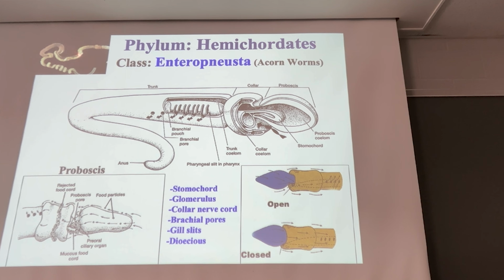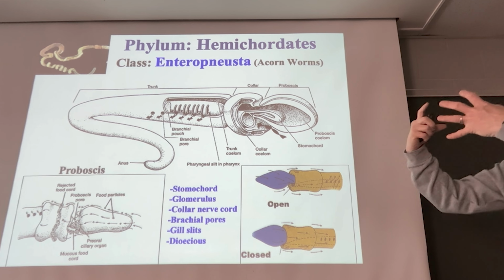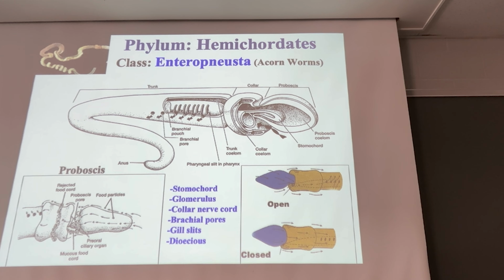The nerve cord that runs the length of the body is a ventral nerve cord, just like most invertebrates. The nerve cord that's associated with the collar and at least the first part of the proboscis is a dorsal hollow nerve cord. So they have this intermediate: part dorsal hollow nerve cord and then a normal ventral solid nerve cord, just like an invertebrate.